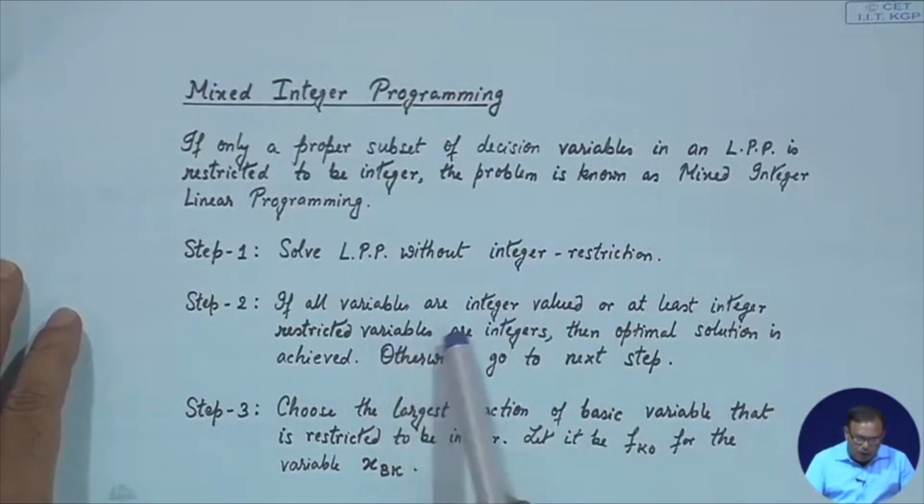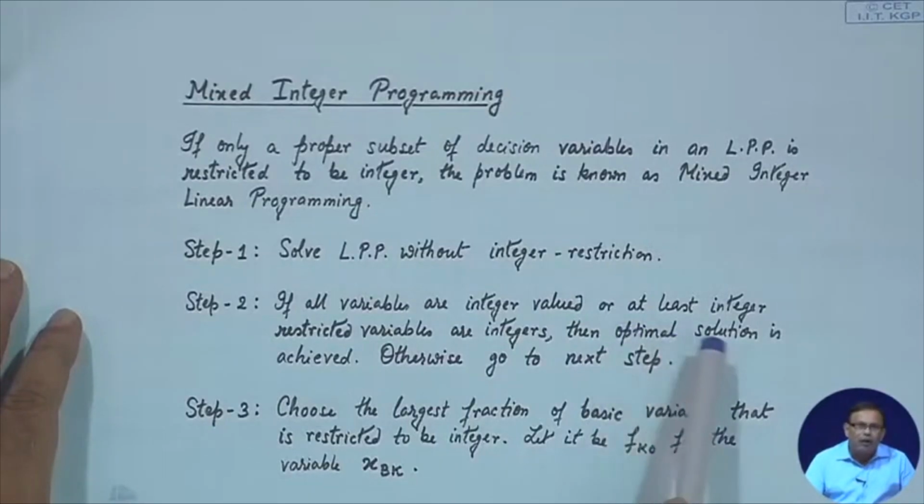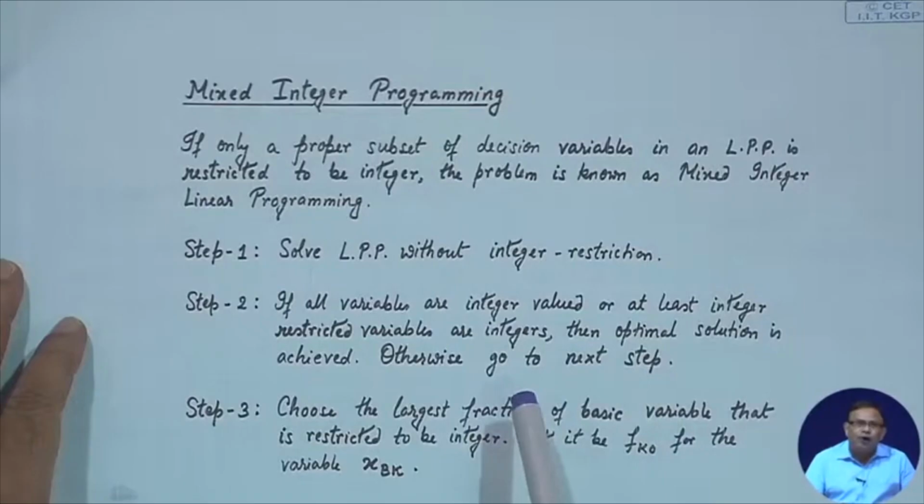Step 2: if all variables are integer valued, or at least the integer restricted variables are integers, then the optimal solution is achieved. Otherwise, go to the next step. What do you mean by this step 2? If all the variables are integer valued, then obviously your optimal solution is also feasible.